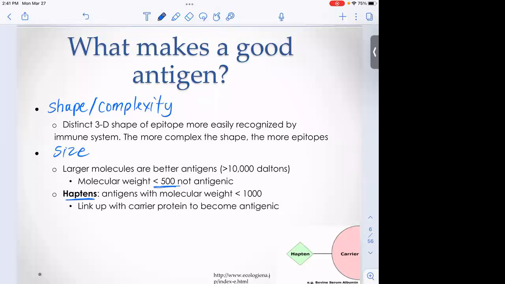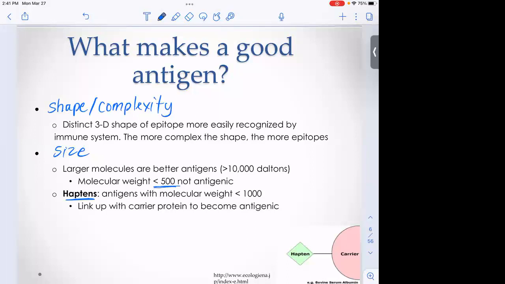An example of that is poison ivy oil. The active ingredient in poison ivy oil is called urushiol, and it's a really small molecule, so it shouldn't be antigenic. But if you're allergic to poison ivy, then you know that it definitely can be. We definitely can have an allergic reaction to that, and often do.